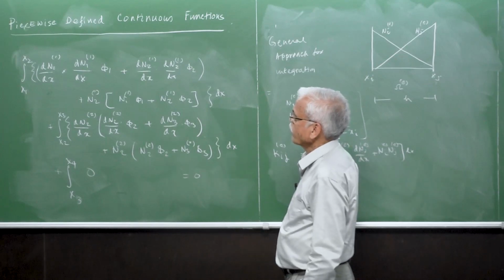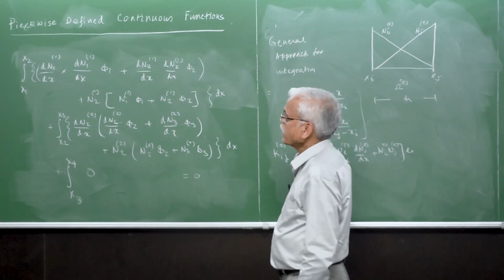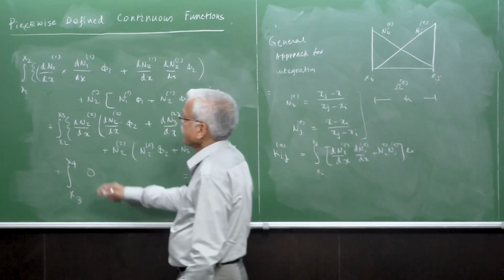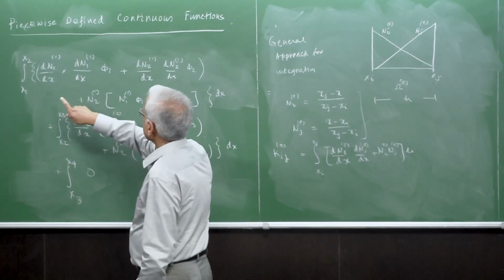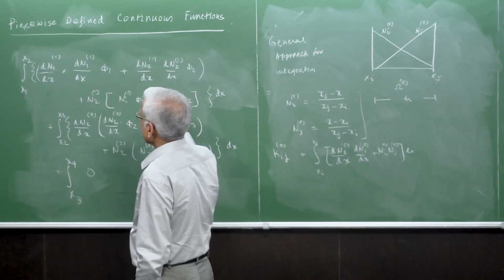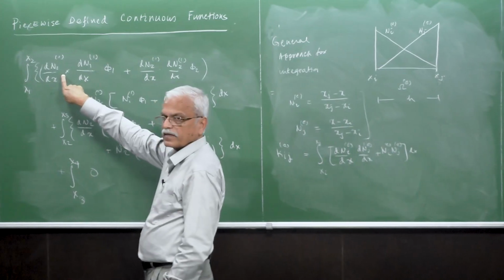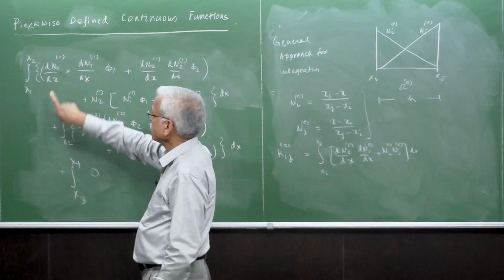So for taking the weighting function as Ni, the weak form looks like this one, and here we are taking the weighting function as N2.